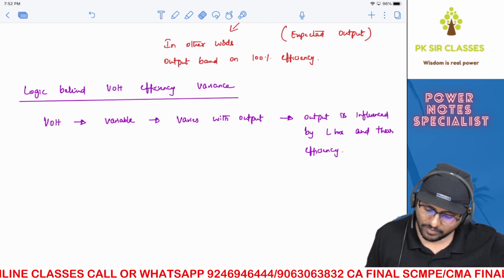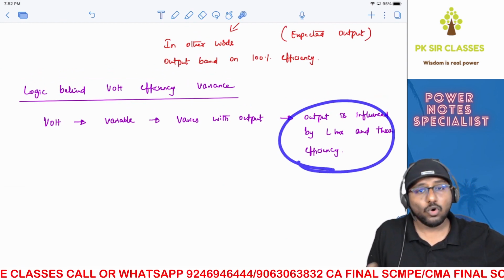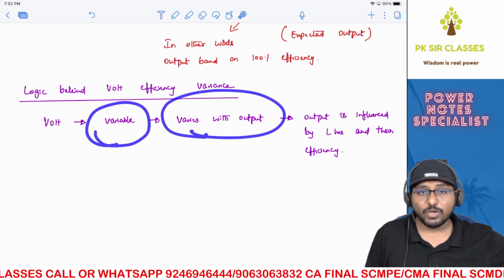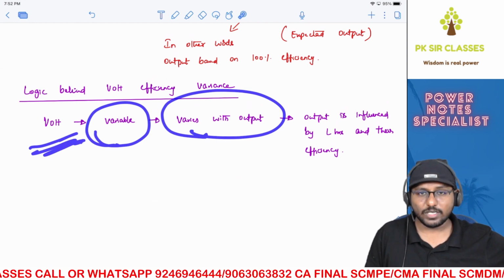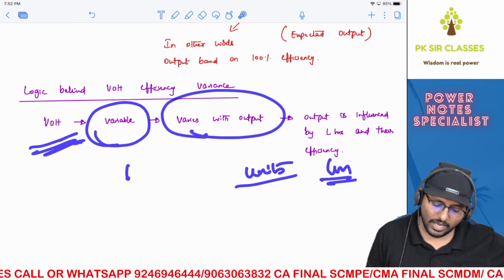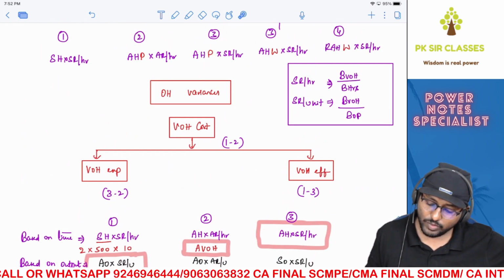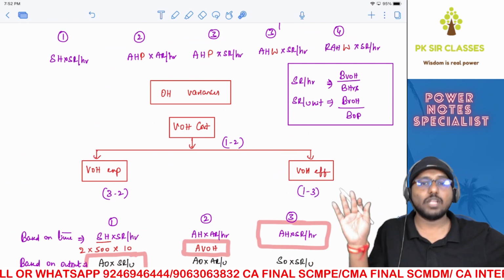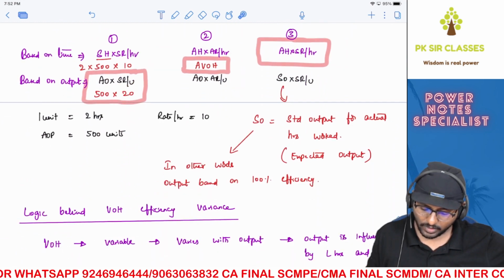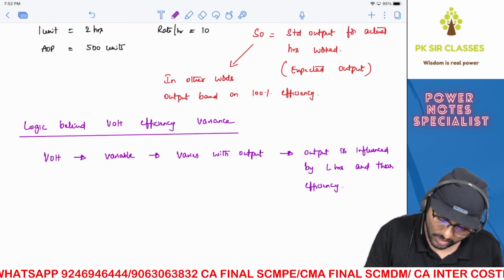So if labor is more efficient, he will manufacture more units, which means more output, which means more variable cost will vary along with the output, which means more variable overheads. If there is less efficiency, then there will be fewer units, then less variable overhead cost. So that portion of variable overhead cost which varies due to the change in efficiency of the labor comes under variable overhead efficiency variance. That is the logic. You got this? Yes?